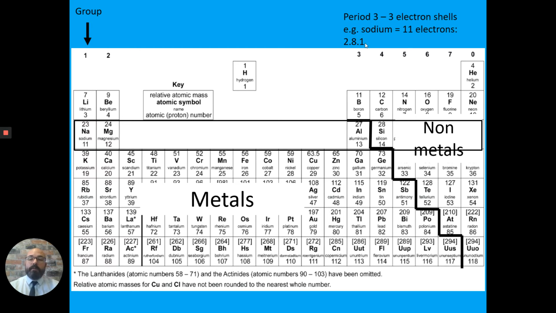And that rule is the same for all elements. So if we were to look at, I don't know, magnesium, we can see magnesium there with its 12 electrons, so it will be 2, 8, 2. The 2 on the end tells us group 2, and the 3 numbers 2, 8 and 2 tell us it's got 3 shells.